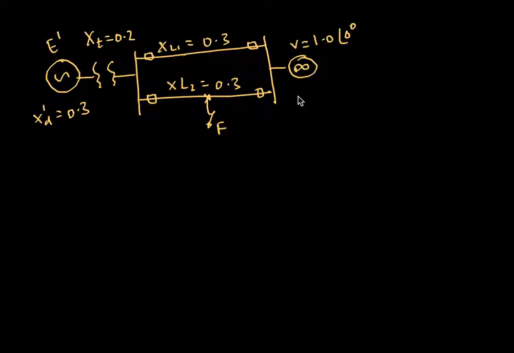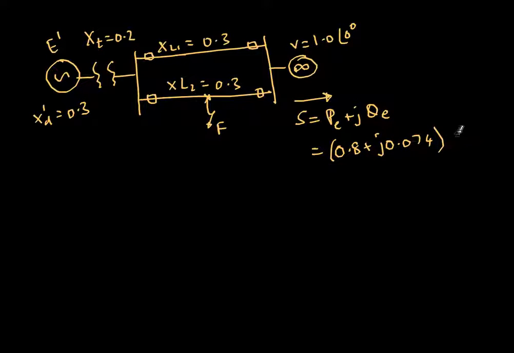It is also given that the total complex power, the active power and reactive power, is 0.8 plus j0.074 per unit. So this much of power is being delivered to the infinite bus from the generator through two transmission lines and this transformer and so on.